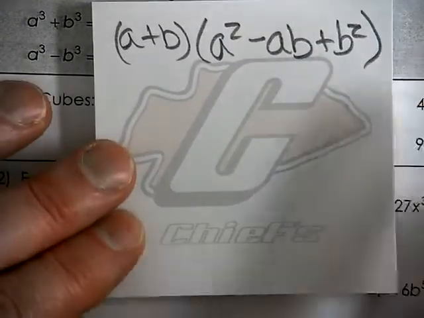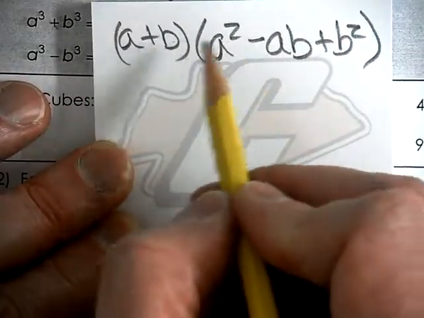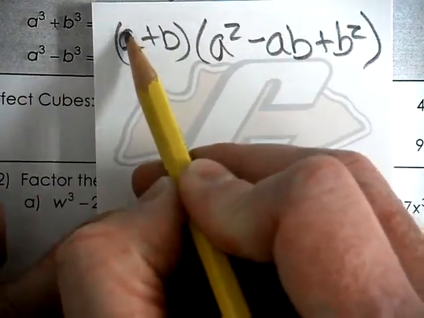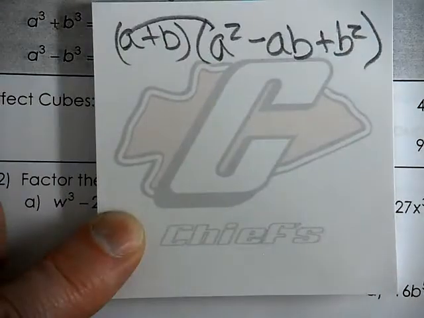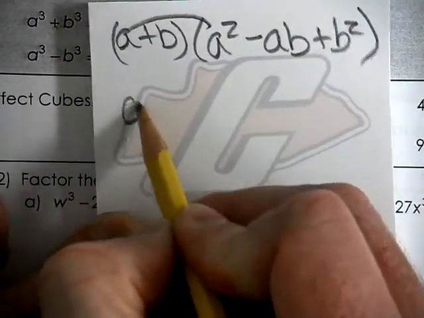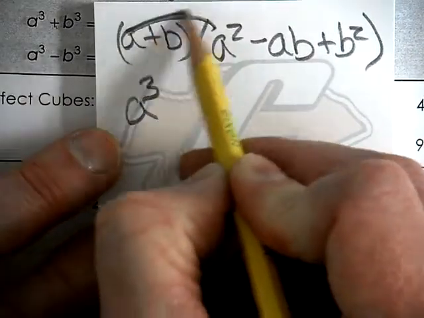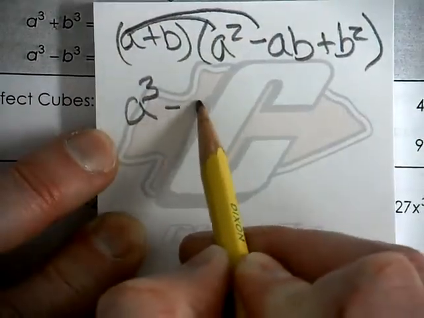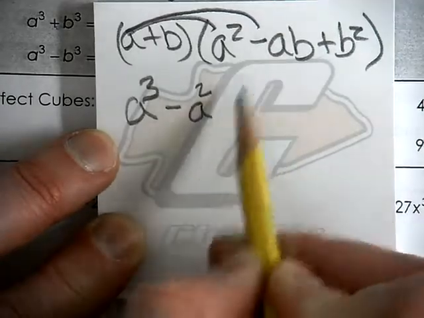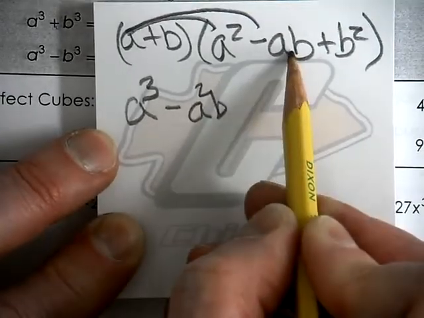When we factor this, we can check our answer by multiplying it together. This is going to be a cubed, just like we said it would be. This would be negative a squared times b.